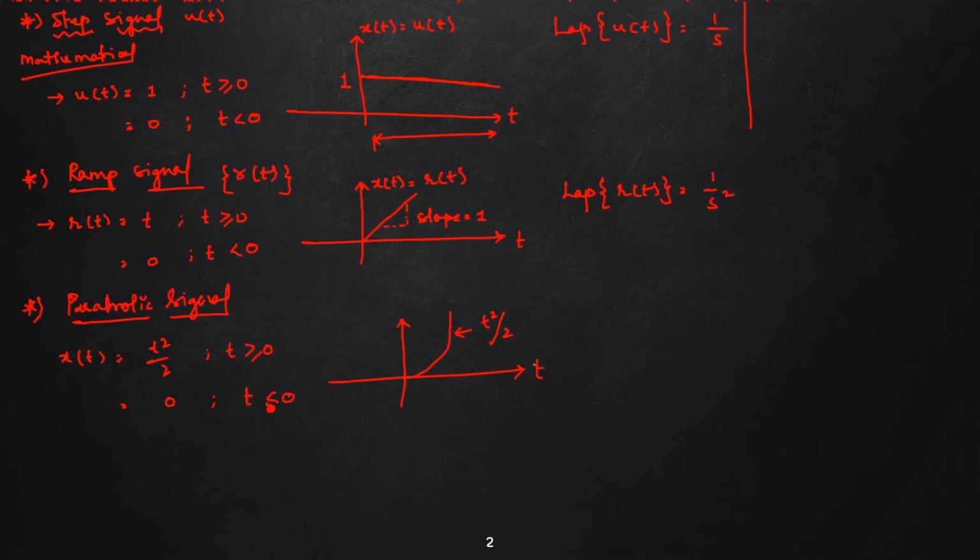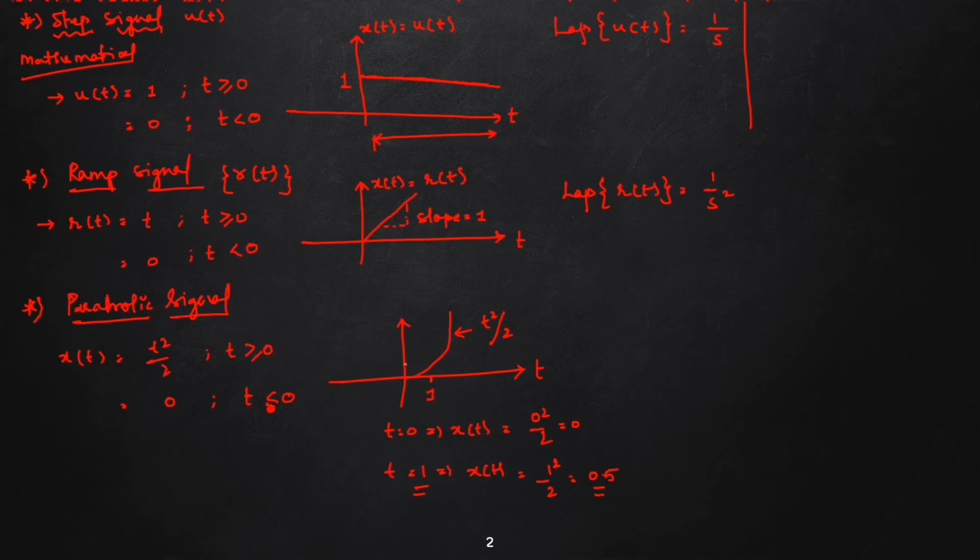If you keep putting in t values from the start, for suppose at t equals 0, what would be my x of t? x of t would be 0 square upon 2, which is equal to 0. At t equals 1 unit, the parabolic signal x of t will be 1 square upon 2, that is 0.5. So the x-axis is 1 and the y-axis is 0.5, at this point.